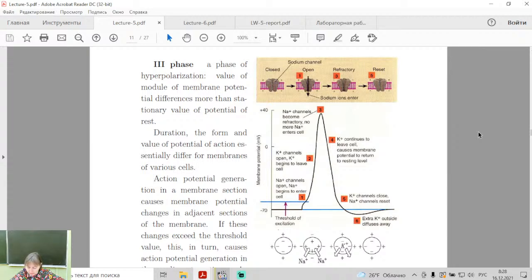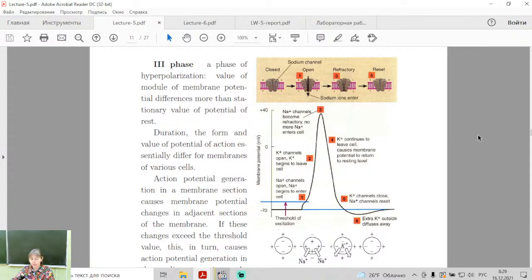If these changes exceed the threshold value, this in turn causes action potential generation in these adjacent sections. As a result, the action potential wave propagates across the membrane. In a muscle cell, the process causes its contraction. In nerve cells, action potential wave propagation across the membrane represents nerve impulse transmission.